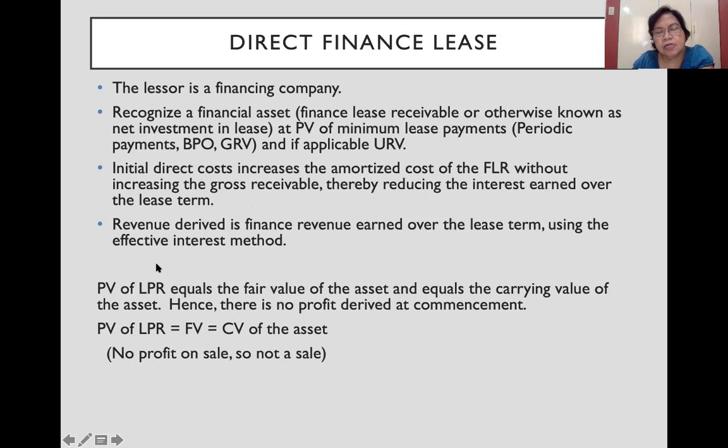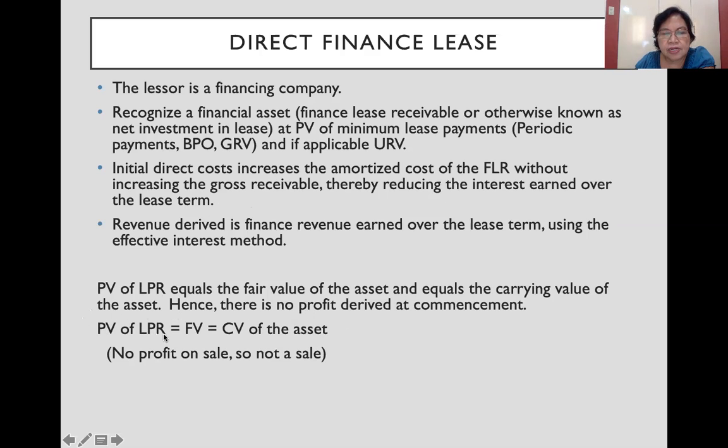So if there is no statement as to whether from the lease contract the lessor is a seller or a dealer, a manufacturer, or a financing company, how do we determine? So we have to be guided by this relationship.